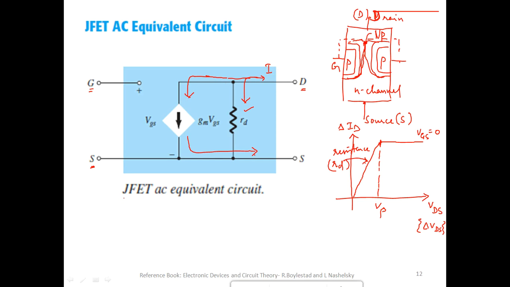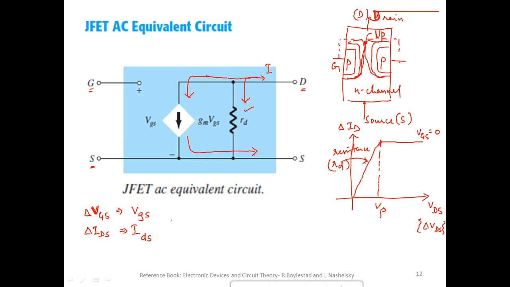Now the point is, let us differentiate between the normal voltages, the DC voltages and the AC voltages. VGS, we usually denote gate to source voltage by this particular symbol. However, if there is a small change in VGS, then we represent it by small vgs. Similarly, a small change in the drain current, IDS, is represented as capital I subscript small d small s.